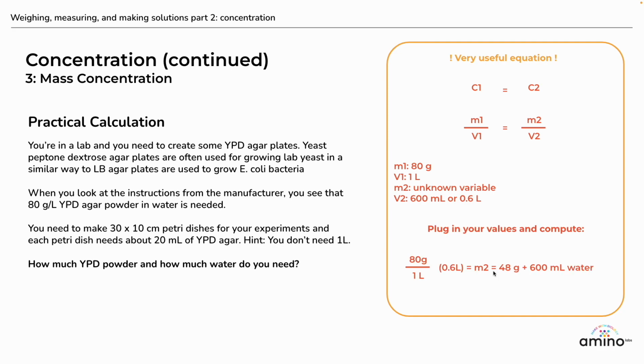If we plug this all in, we can see we have 80 grams over 1 liter multiplied by 0.6 liters equals 48 grams of YPD agar in 600 milliliters of water. That's going to give us 80 grams per liter concentration.